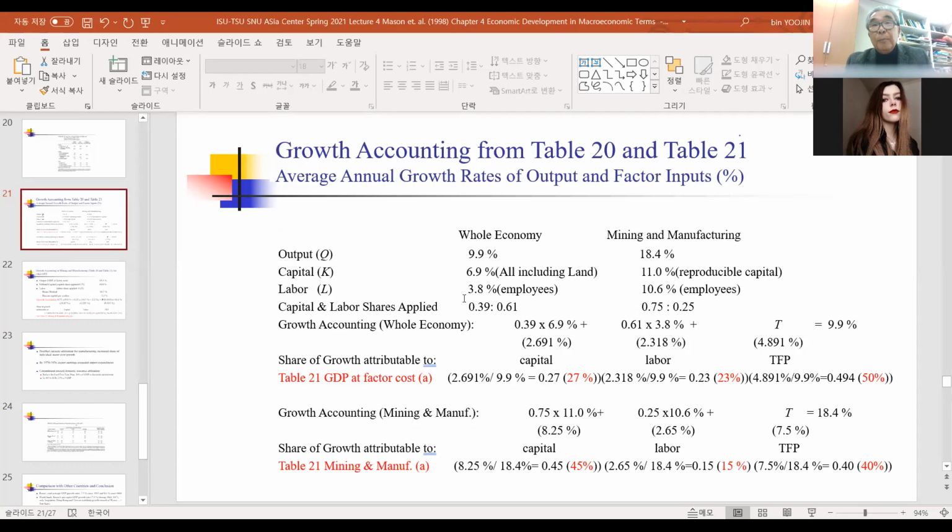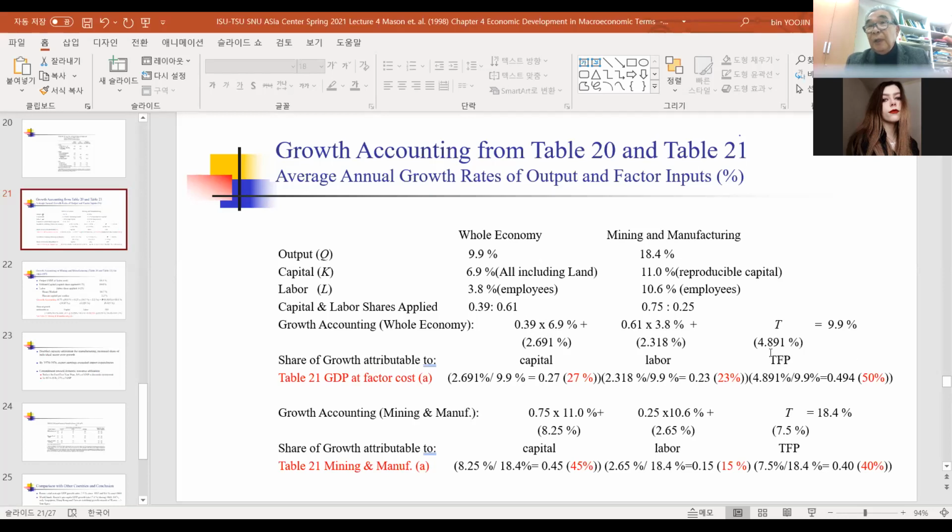How? 0.39 is what? In our notation, beta, because this is capital input, 6.9%, right? 0.39 was beta in our notation, equation-wise. 0.61 was alpha, share of labor. Labor grew 3.8%, output 9.9%.